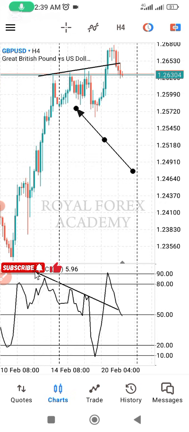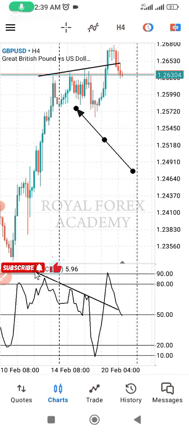With each of these, there is an additional confirmation of my divergence, which will always come into play. So the time frames we are looking at are 1 hour and 15 minutes. If you are using 30 minutes, it's still fine and okay. You look for the divergence on that particular time frame.